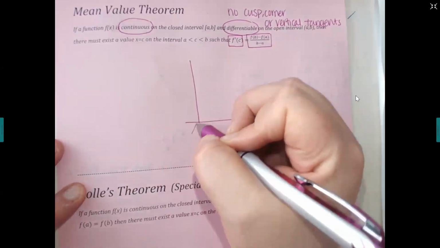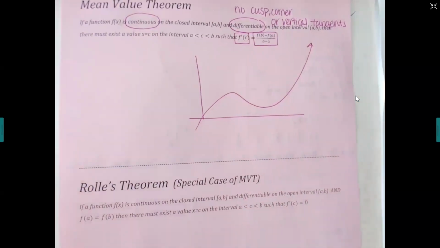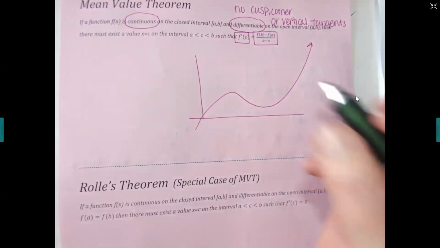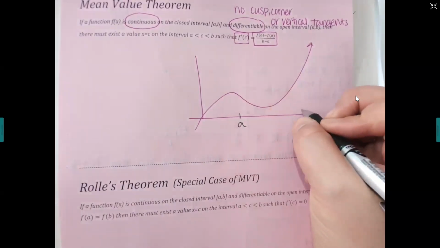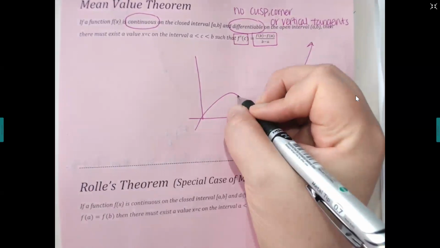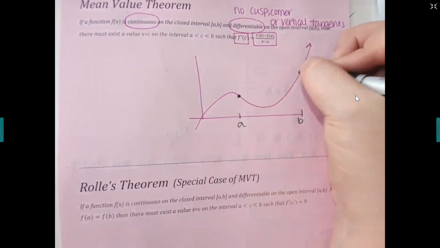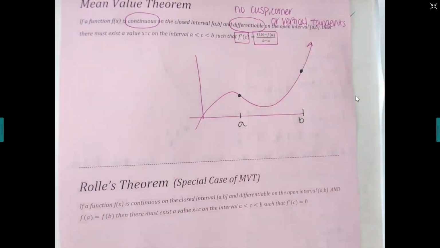Okay, draw yourself a little graph, kind of like that. Let's say that this is my A, and this is my B. Now, you guys have seen this before. This is the formula for slope.